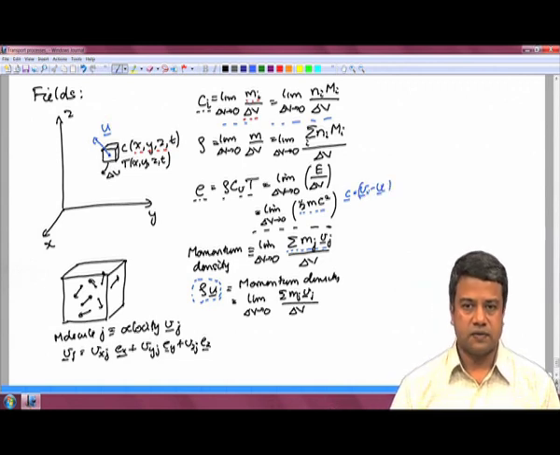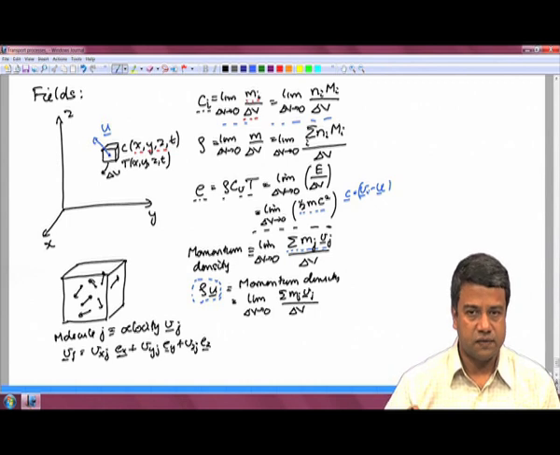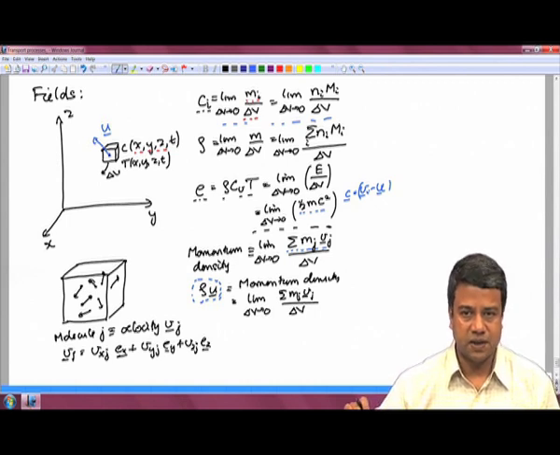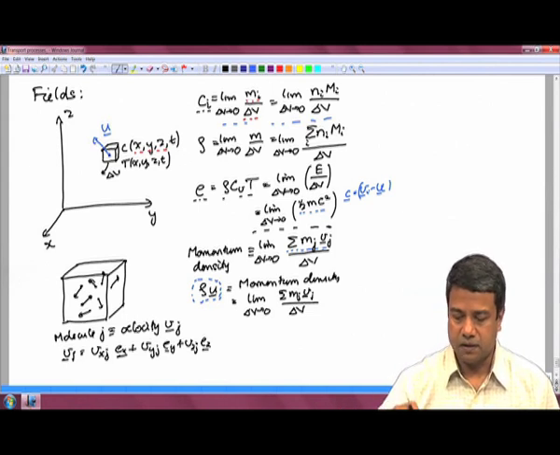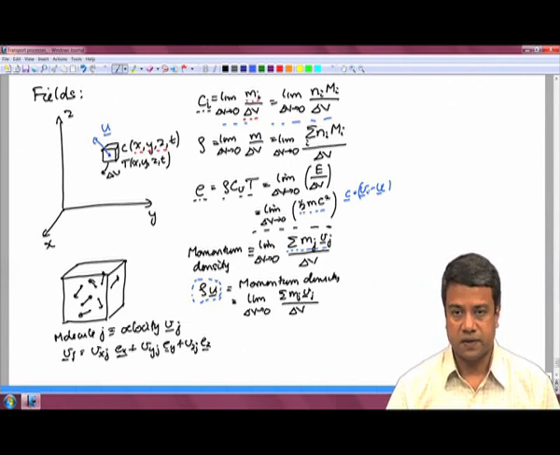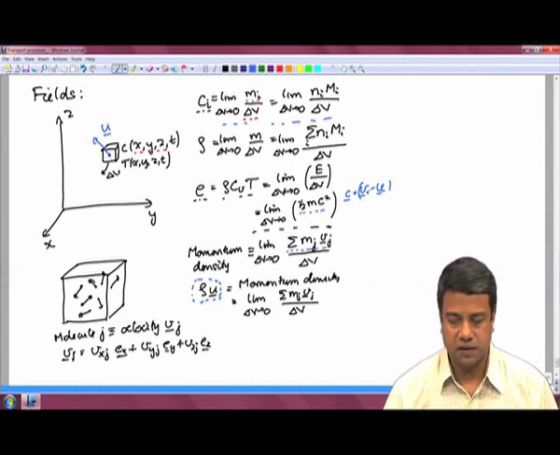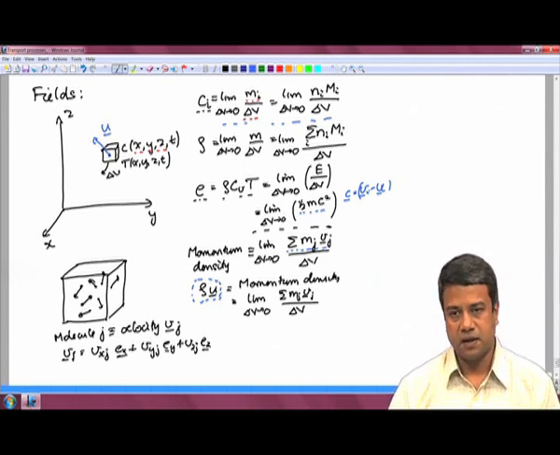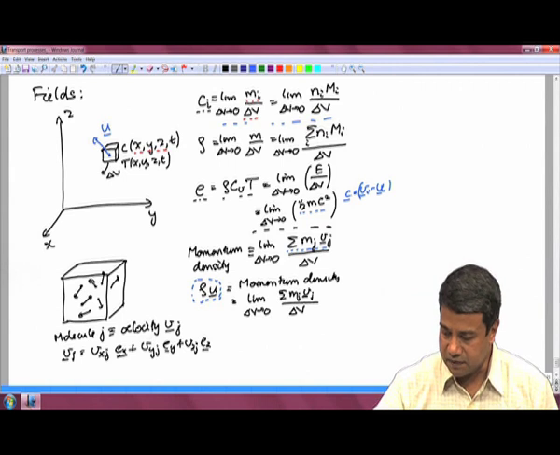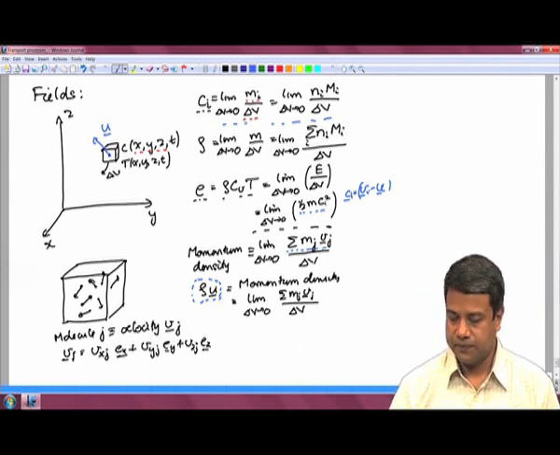So, first of all, you have to find out what is the molecular fluctuating velocity at each location. That molecular fluctuating velocity is the difference between the molecular velocity and the fluid mean velocity. You subtract that out, that gives you the fluctuating velocity of each molecule.